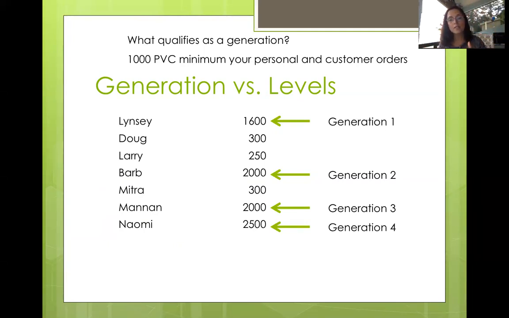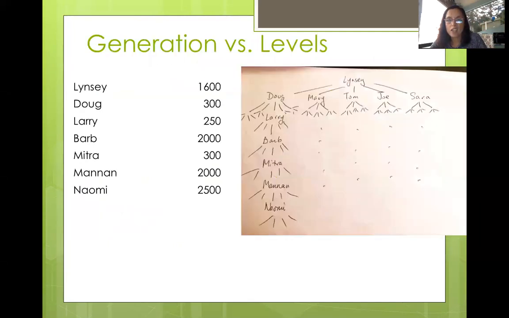And once you get to NMD, as long as you meet all the other qualifications, which is 5 legs that are qualified, for QNMD you have to have 4 legs that are qualified to get that. And for NMD, you have to have 5 wide, and then you can pick up 5 generations. So if you really start to think about what this means, I couldn't figure out how to do the graphics, so I just kind of sketched it out.